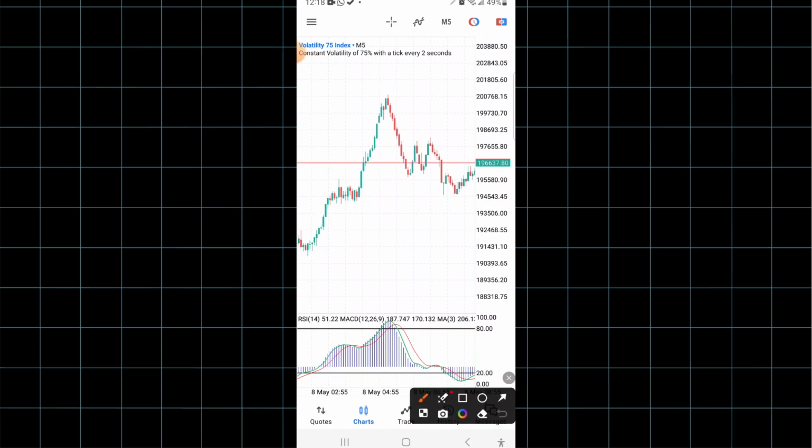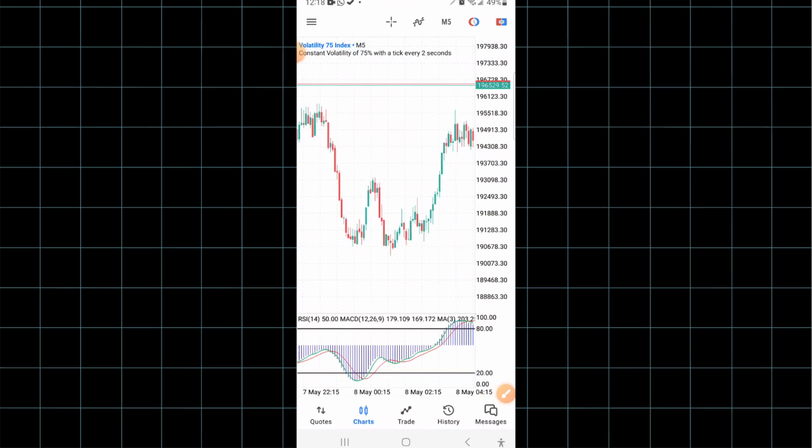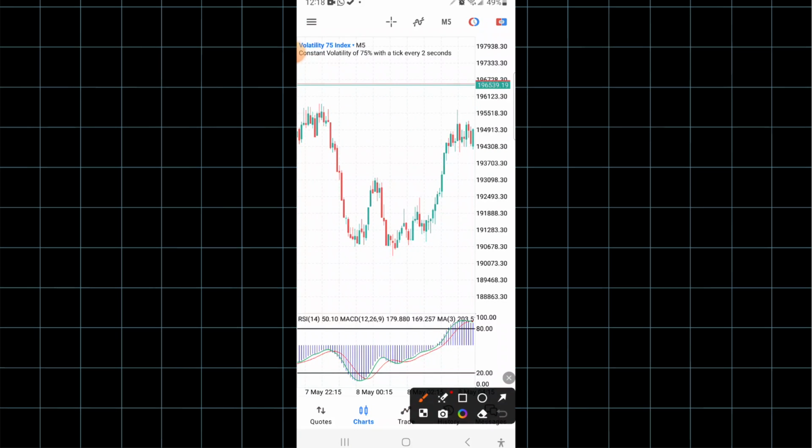Once this happens, in this case, it happened right here, which was also right here. If this happens, that means you are catching a very good move. If you look back again, this is when it happens. It happens around this zone.